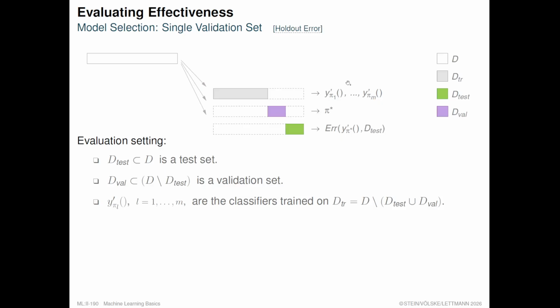Then you come to the conclusion, okay, this is the best model, and only if you write this up as a paper or as a business report, I don't know, you run this test over here once and report the performance. And if you're not satisfied with this, strictly speaking, you're not allowed to go back and change something in the model, because if you do this often enough, again, you're overfitting on your test set.